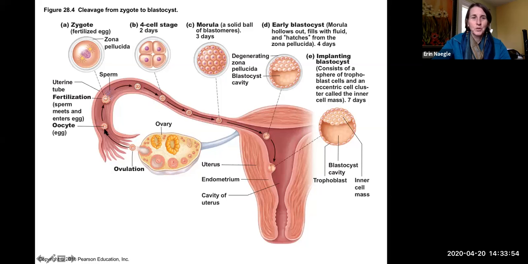That whole journey takes about a week to go from being fertilized to moving through the uterine tubes, through a combination of contractions and those cilia sweeping the forming embryo into the uterus, where it can implant.